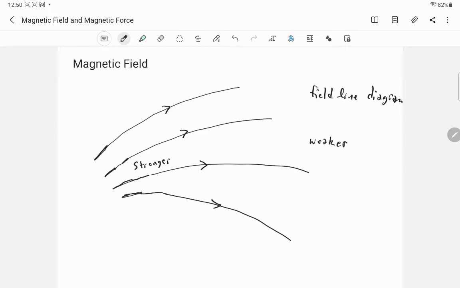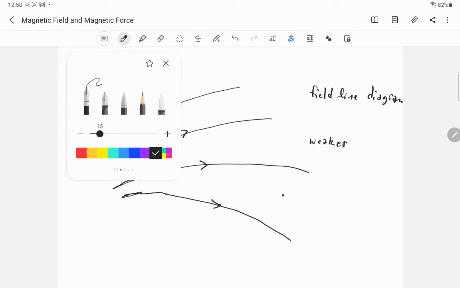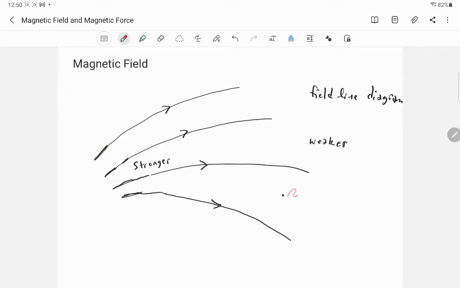Okay, so for example, say right here, we could sort of guess that the magnetic field is of this strength, and magnetic field is indicated by the vector capital B. It's a lot like the vector capital E is reserved for electric field, and lowercase g is reserved for gravitational field.